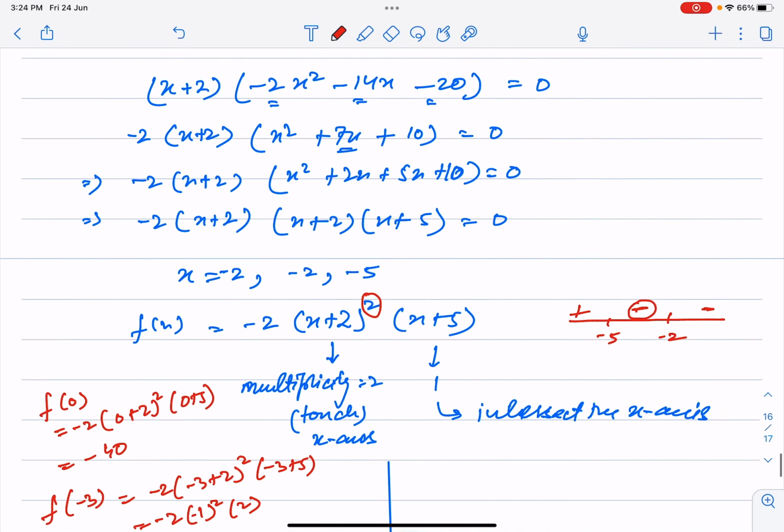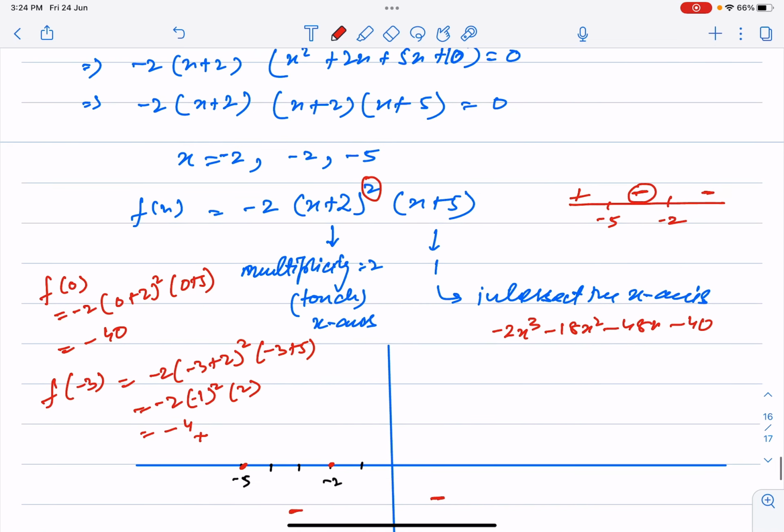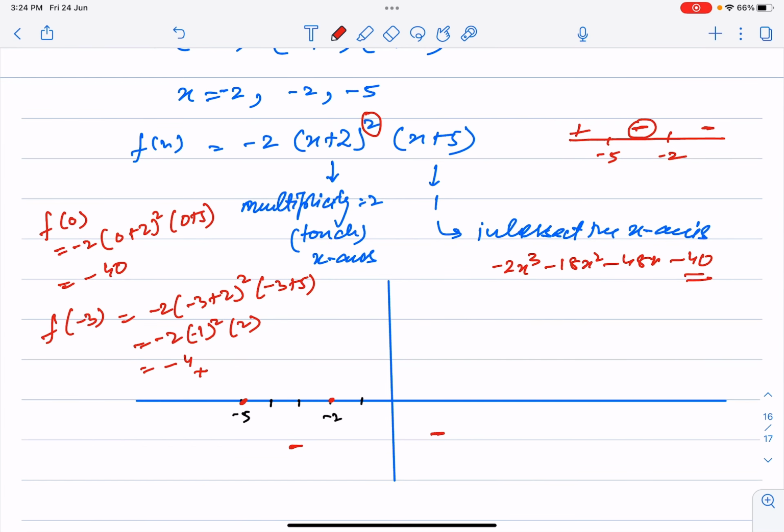Now coming again to the equation, let's see what was the equation like. Let me write the equation again. Yes, the equation was minus 2x cube minus 18x square minus 48x minus 40. So the constant is negative, so at minus 2 it will be going down, and the power of the leading is cube, it has to be opposite, so it will go up.